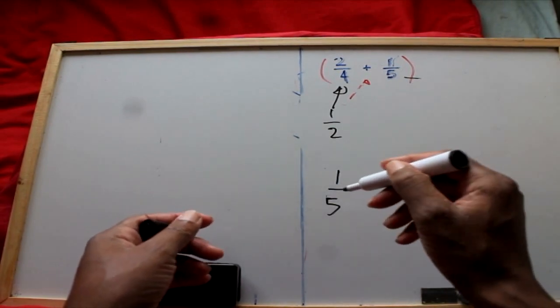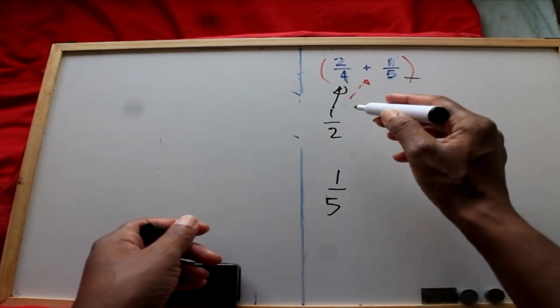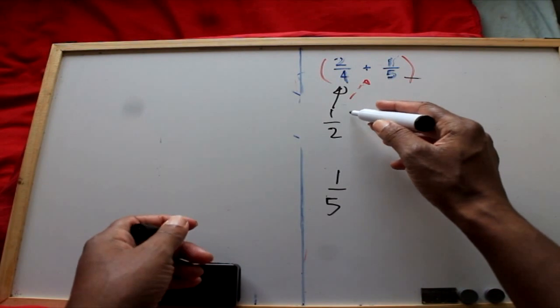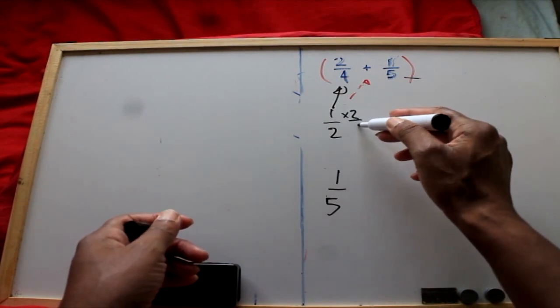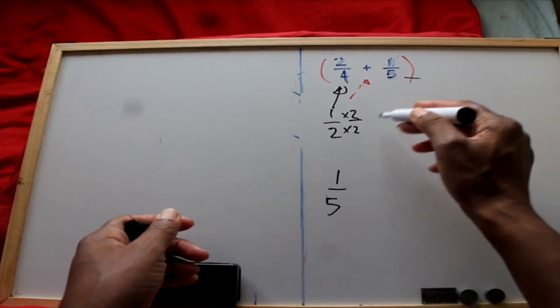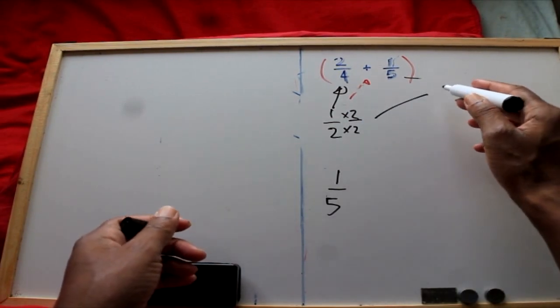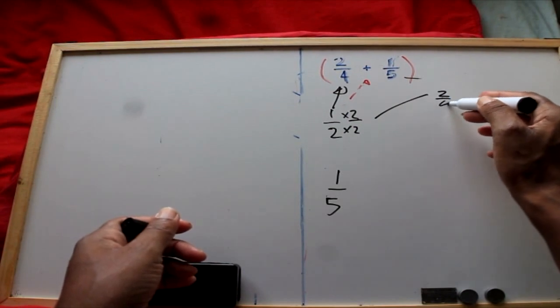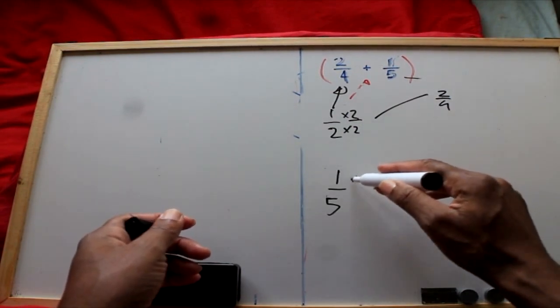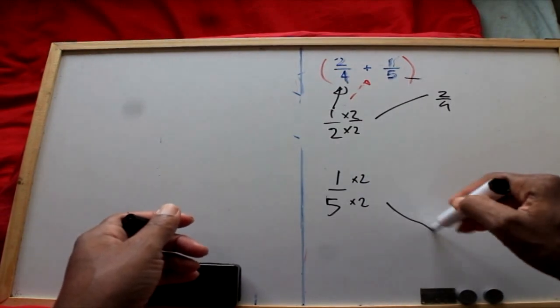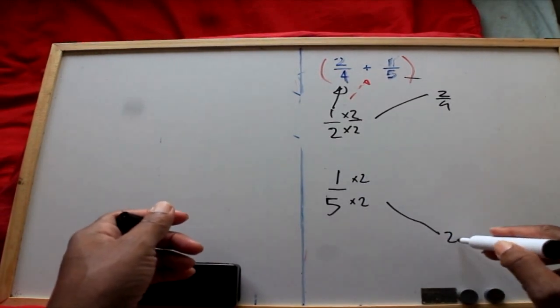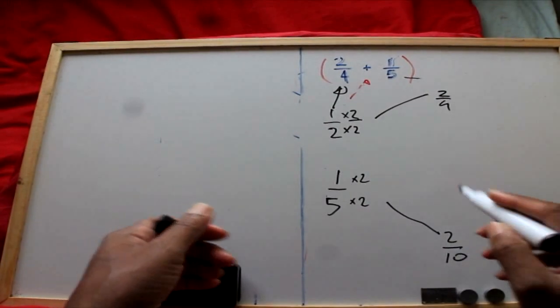Let's multiply them both by 2. What does that equal? 1/2 times 2 equals 2 over 4. And if you times 1/5 by 2, it gives us 2 over 10.